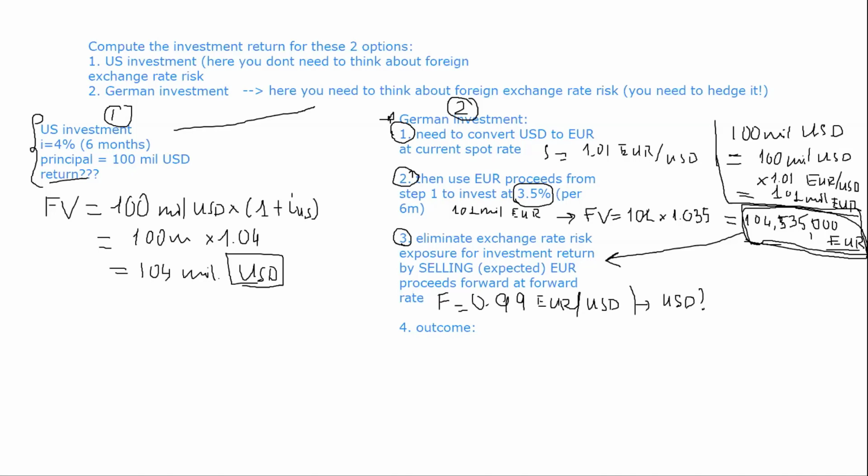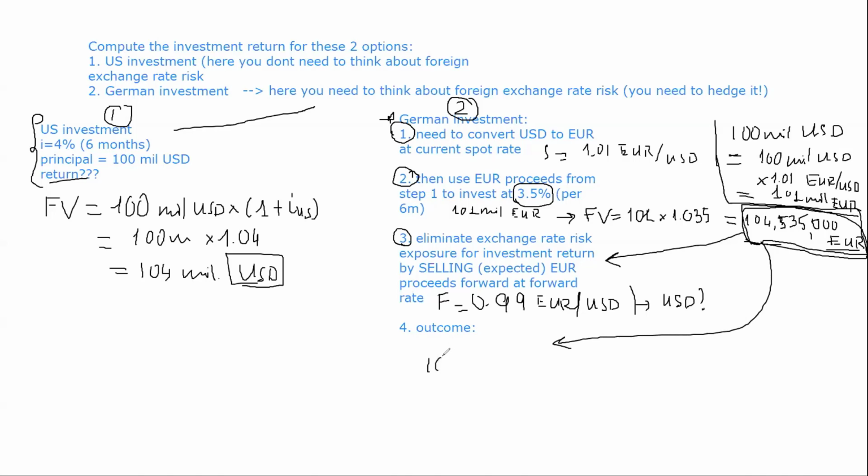Yep, I've got some answer here. 105.59 million, okay, USD. Let me check my answer. Yes, exactly, right, spot on. Thanks, Kang. This is the right answer. So here, from this much euro, I'm going to convert back into the USD using the forward contract.